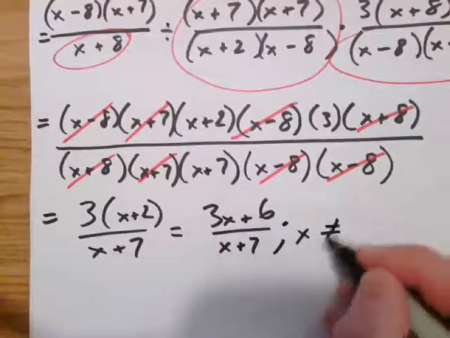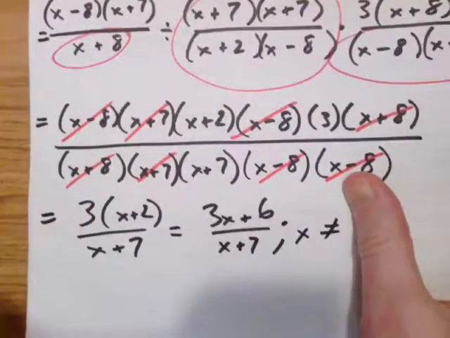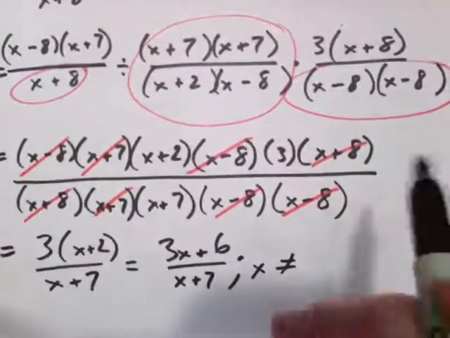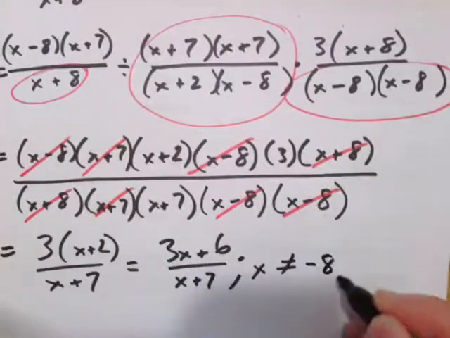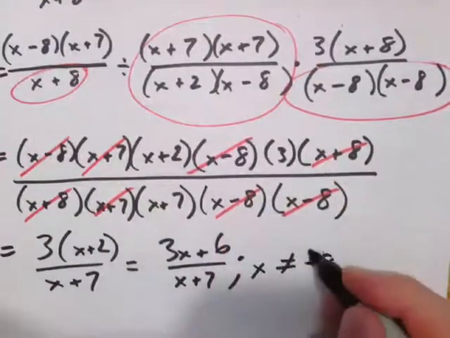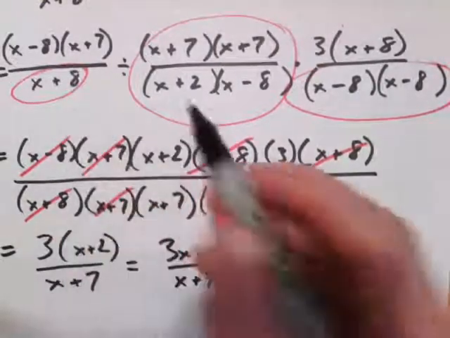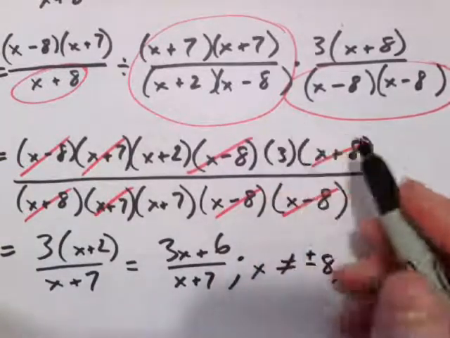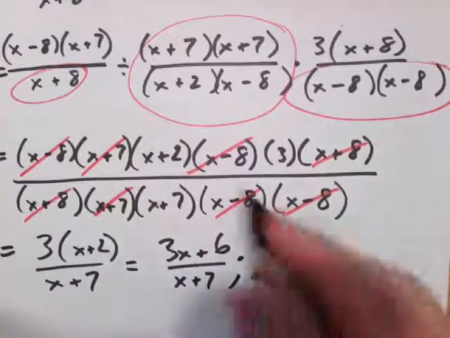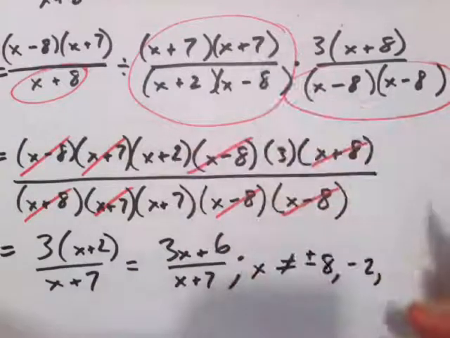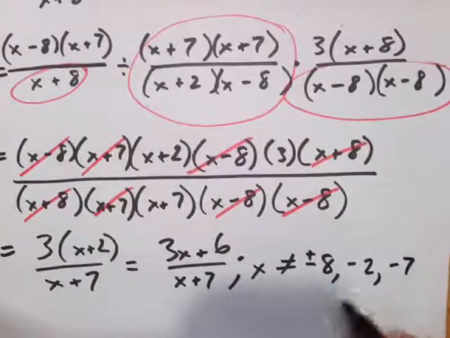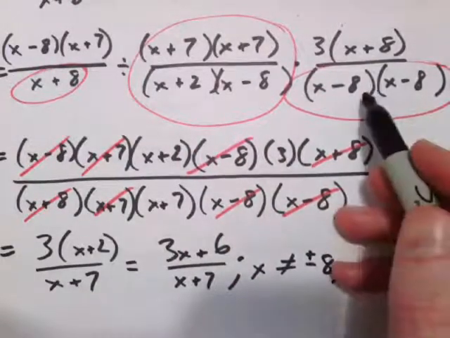Non-permissibles. x cannot equal. I'm going to look in this step here. So can it be negative 8? Can it be positive 8? No. So I'm going to plus or minus 8. Can't be negative 2. Can it be positive 2? Yes. Negative 2, negative 7. Positive 8, yeah. And that's it.